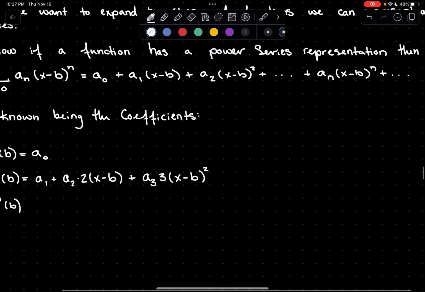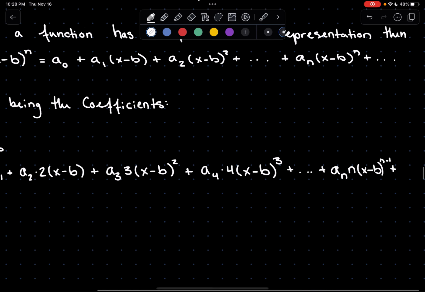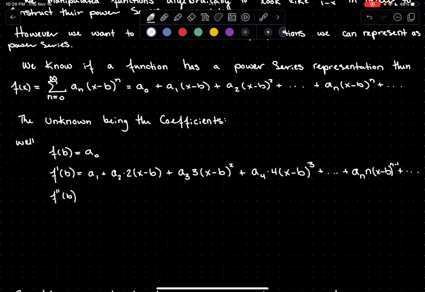If I just take some derivatives here, and we imagine the dots, we get a4 times x minus b to the 3, plus a n times x minus b to the n minus 1. Hopefully you see that pattern, but just write out a couple terms, take the derivative, and see what's happening.